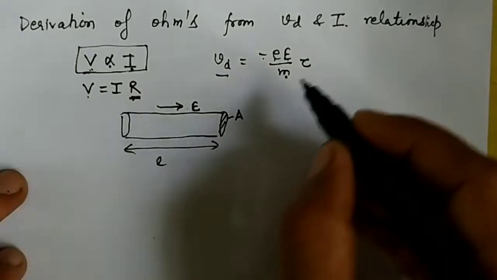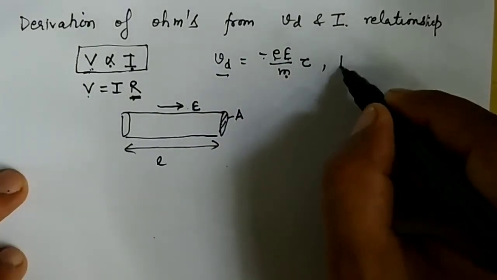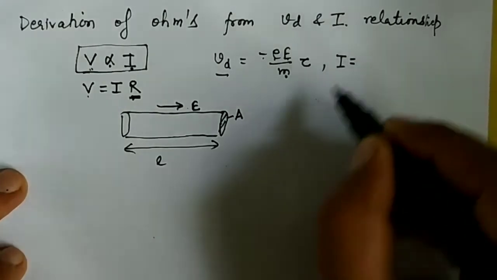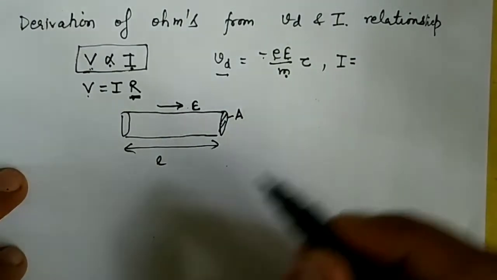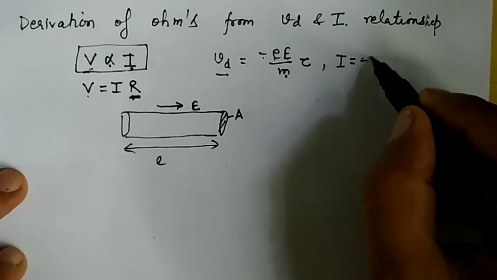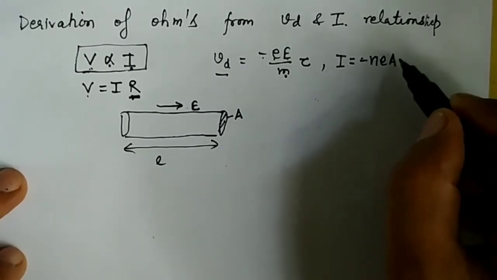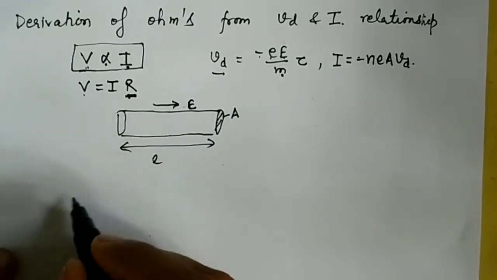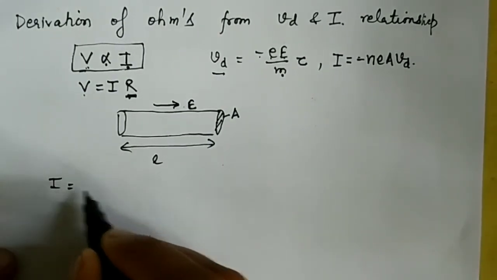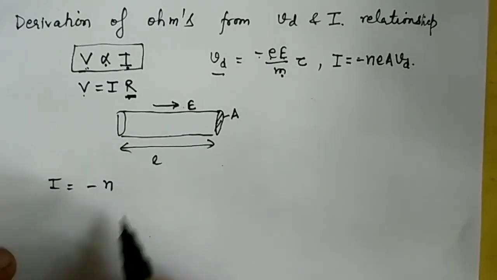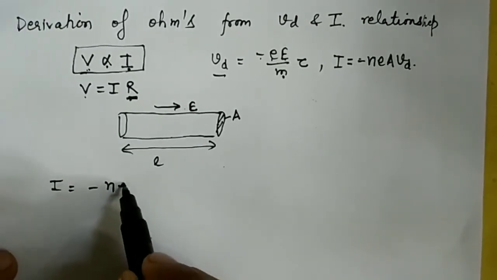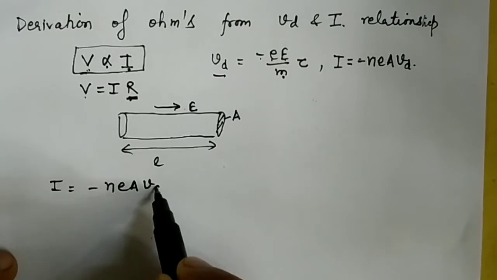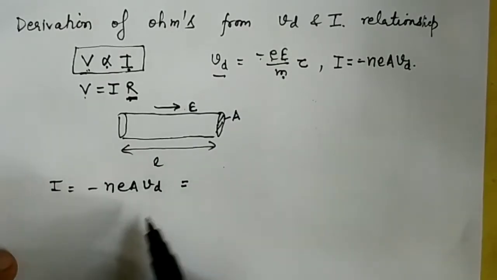We also know that for this conductor having number density n, the current is given by I is equal to minus neA Vd.